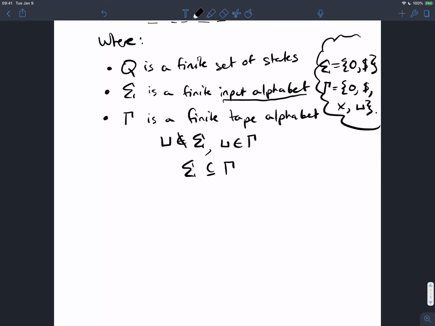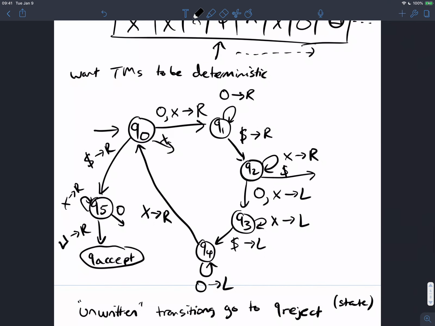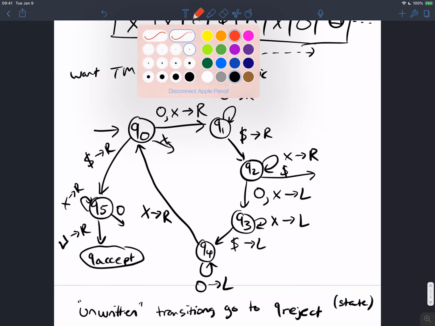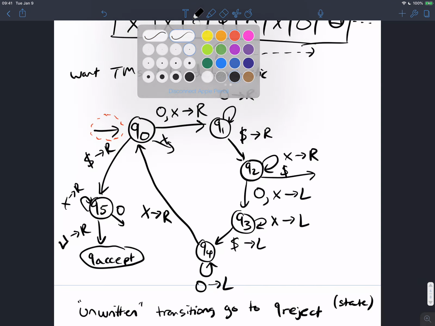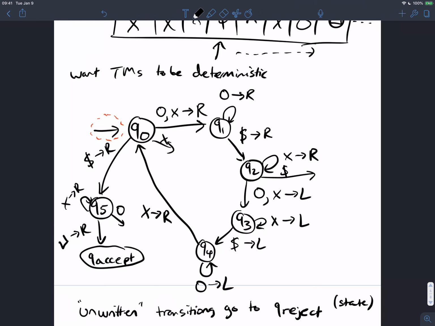Okay, we have all these state things, and we're going to describe the transitions in a second, but we need to talk more about the states themselves. One thing I didn't talk about before is, what is this arrow coming in from nowhere? What is that indicating? Start.